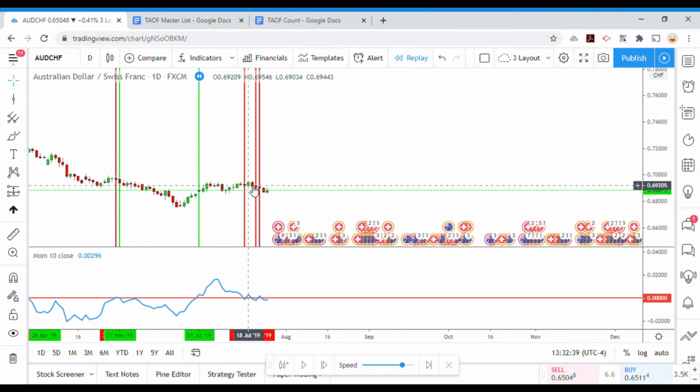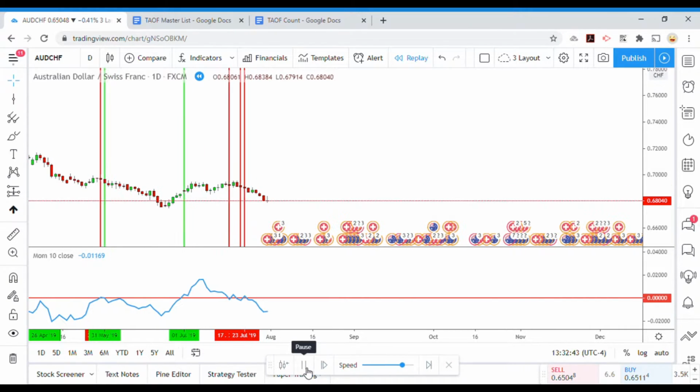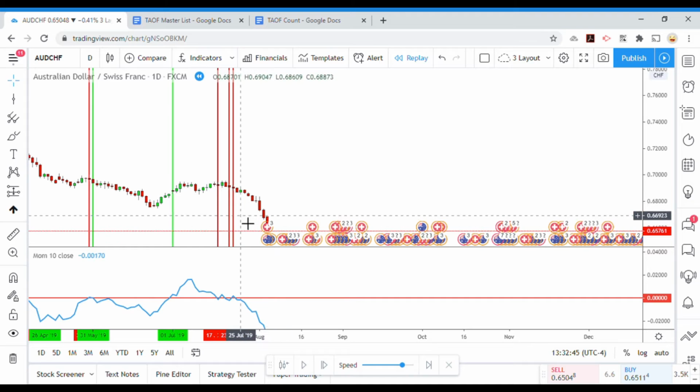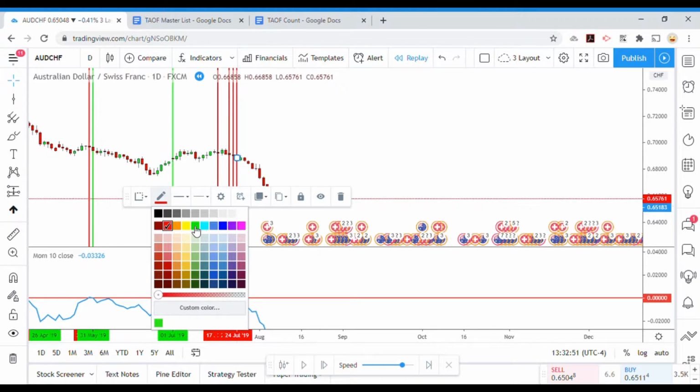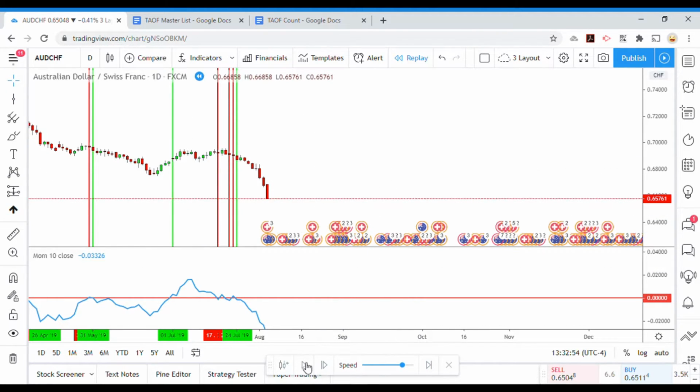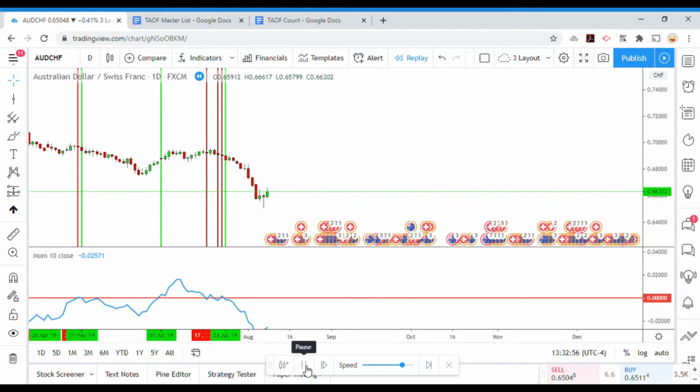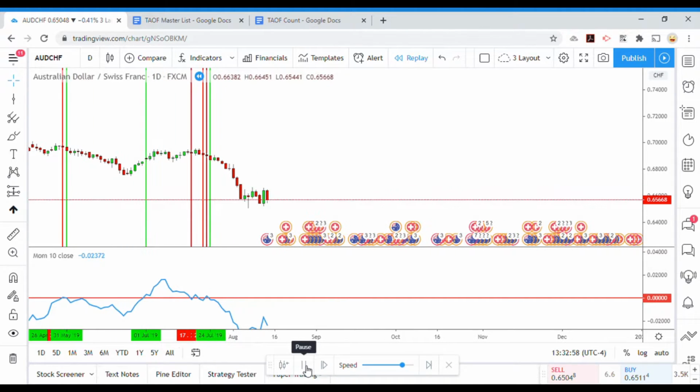Of course, I say that as it takes a loss, but then catches a decent downtrend there. So we'll keep plugging along here closer to the end of the year and see what we can get out of this indicator.